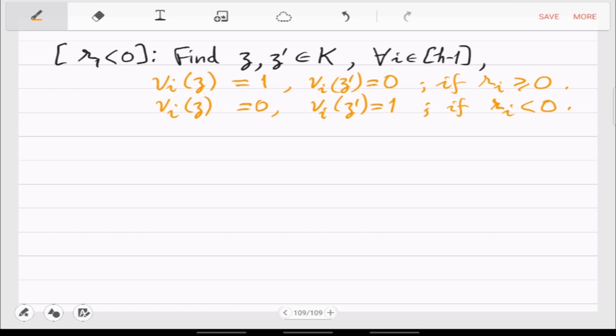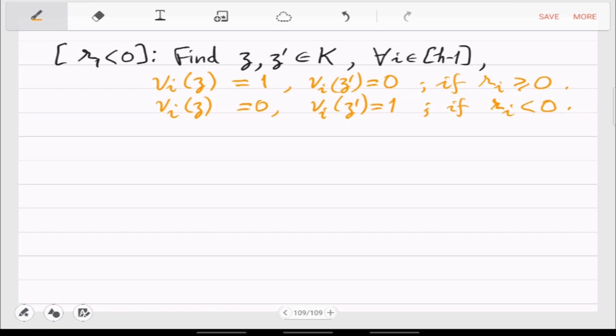But why will they exist? That we have shown in claim 1, right? So just look at the system for Z. You want valuation to be 1 and the rest 0. So you know that such a Z exists, and similarly Z prime exists where it's 0, 1 in this distribution.